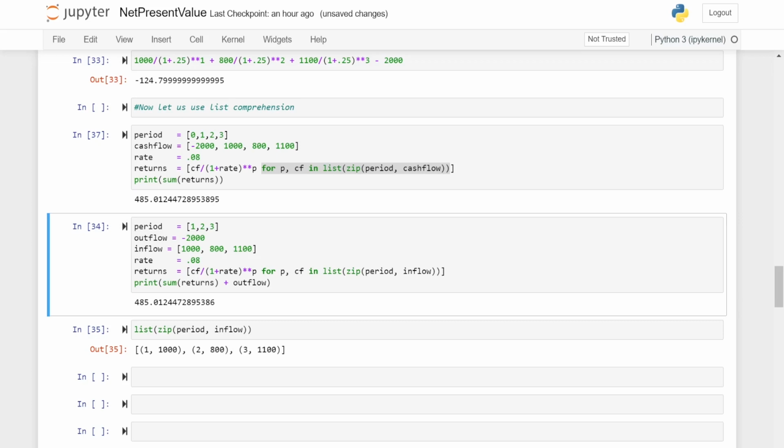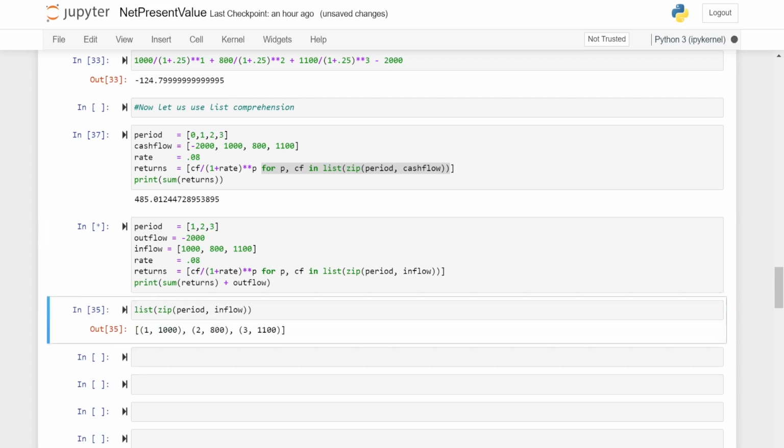We are writing it separately. And the list comprehension will be only for three elements, three periods and three cash inflows. We are calculating this only for three cash inflows, and whatever results are coming, we are saying plus outflow. See, outflow is in negative anyway. So this minus outflow will again give us 485.